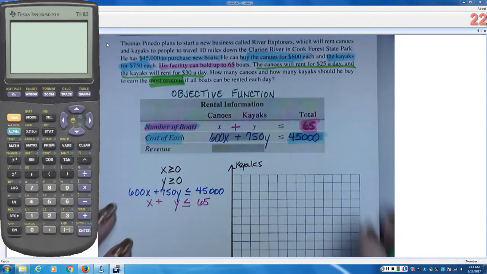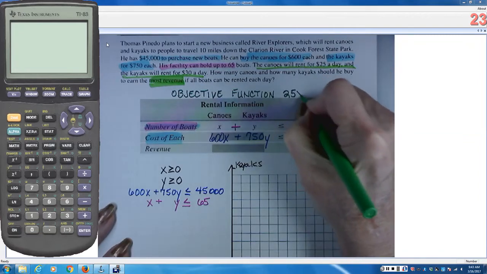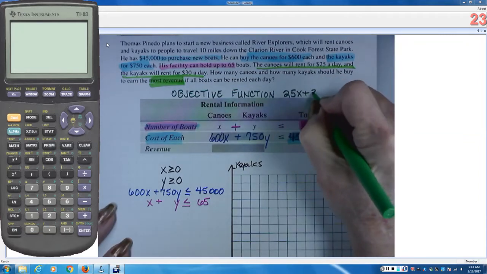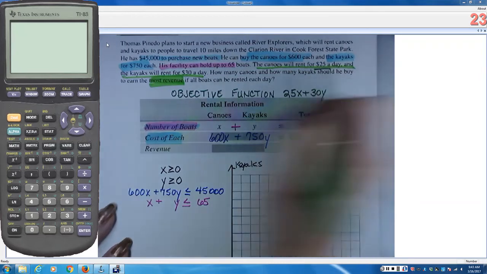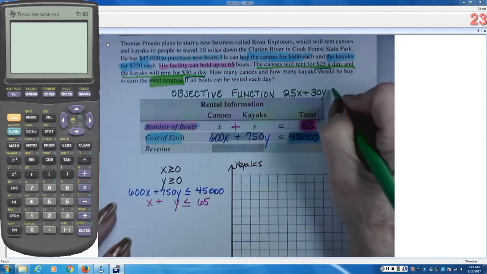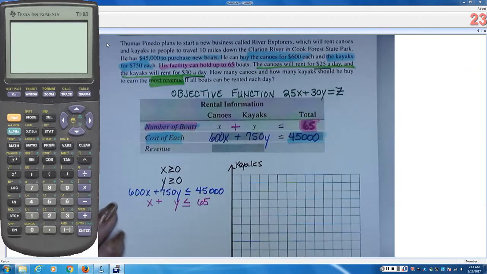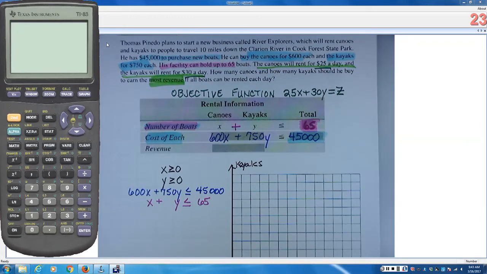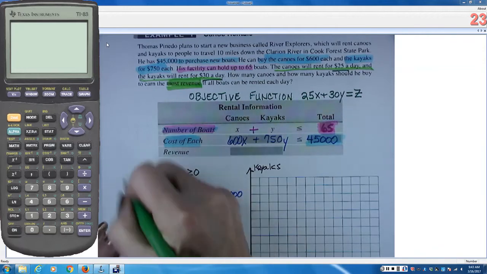The objective function in this case is 25x plus 30y, with the $25 a day for canoes and the $30 a day for kayaks. He wants to maximize that, so we're going to call it z. We're going to look for the largest possible value of z. So that's the objective function, and these are what we call constraints.